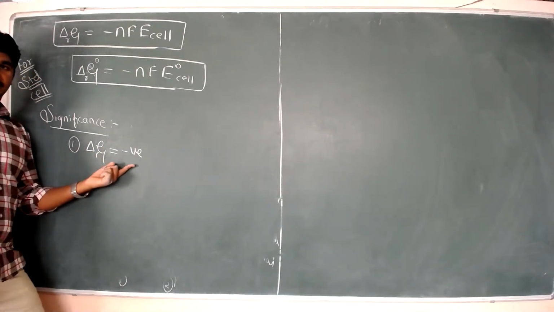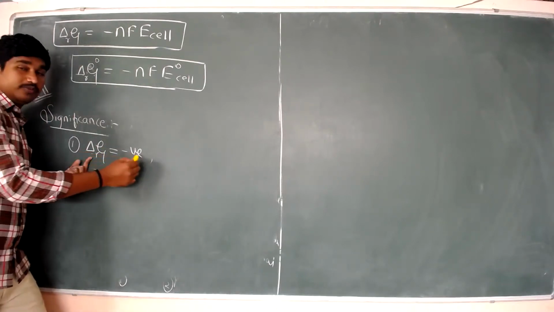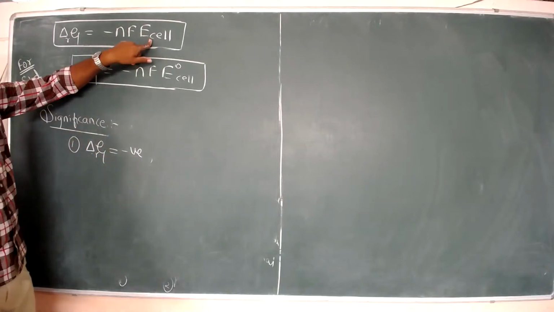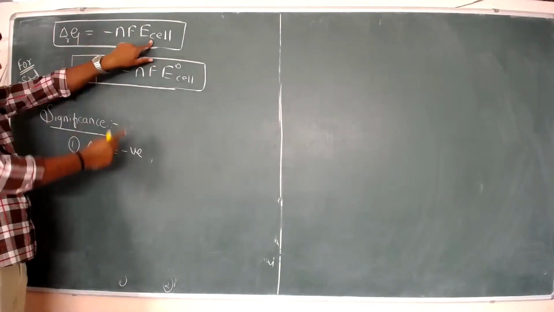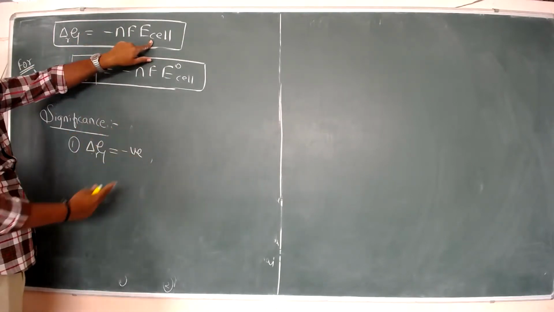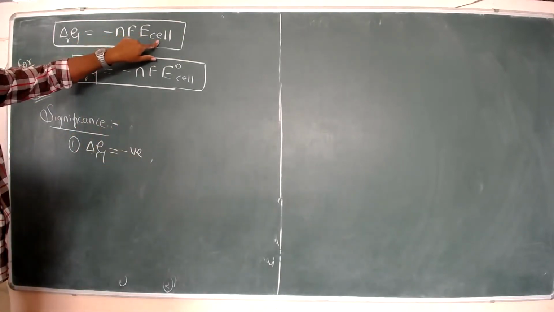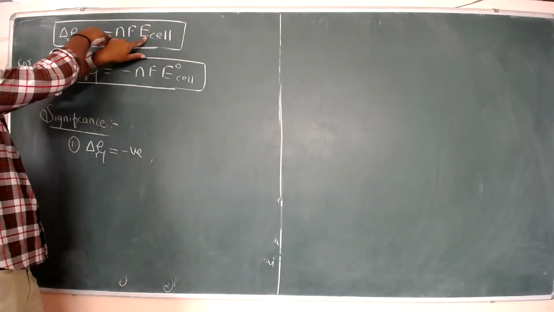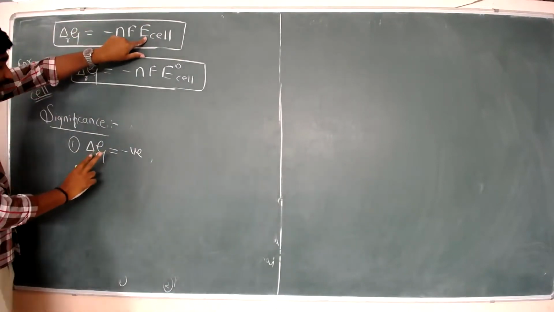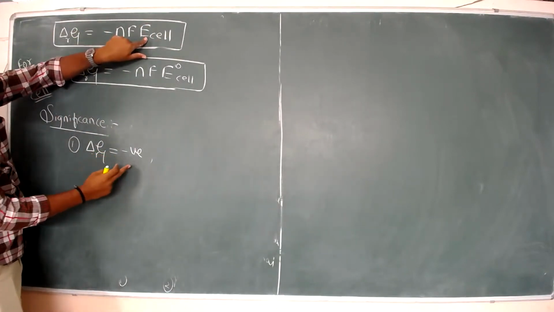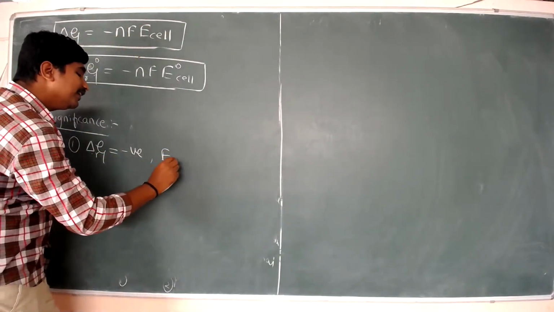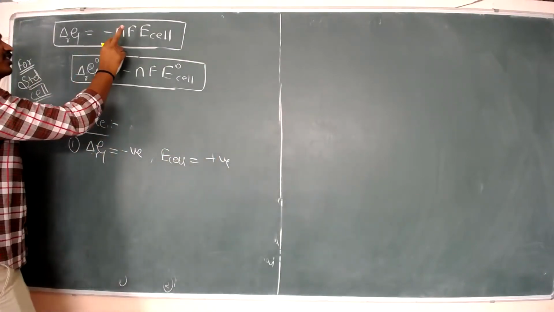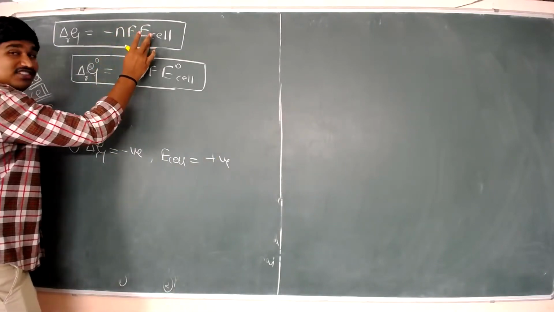When delta G is negative, I want the total answer in terms of negative. It is possible only when E cell is positive. If E cell value is negative, negative into negative will become positive, but we want delta G negative. Here negative is there, E cell is positive, and the other value is also positive.